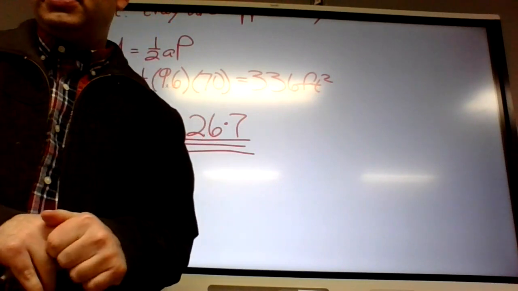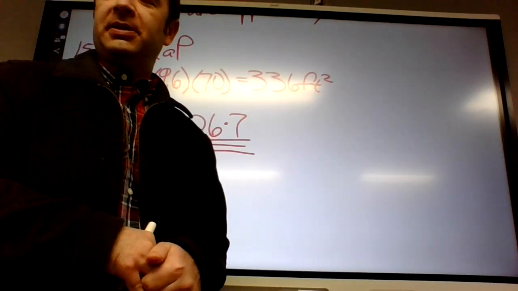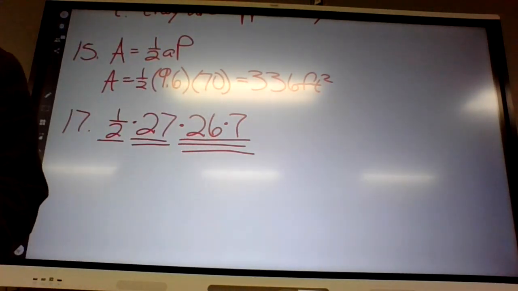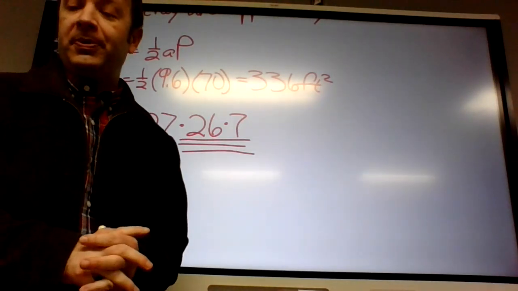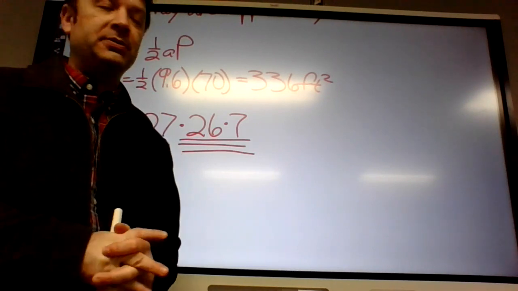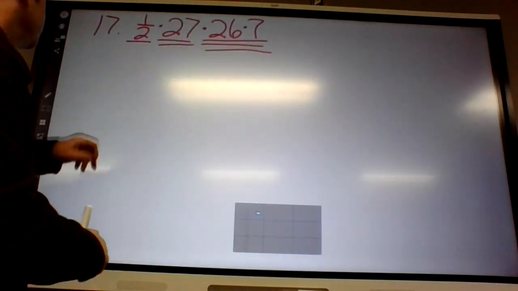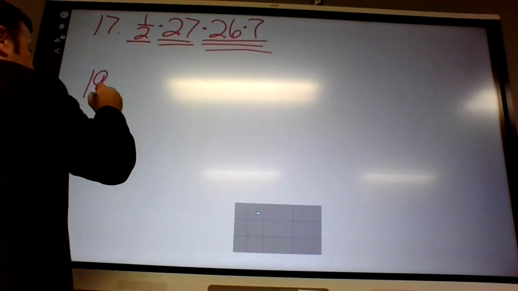Okay, 19. You guys, I'll let you guys look at 18. You can figure it out. 19. The altitude is 21. Find the measure of the apothem of a regular triangle. Uh-oh. Engage brain.